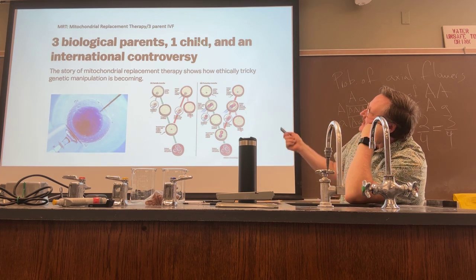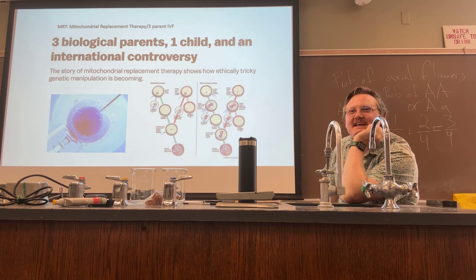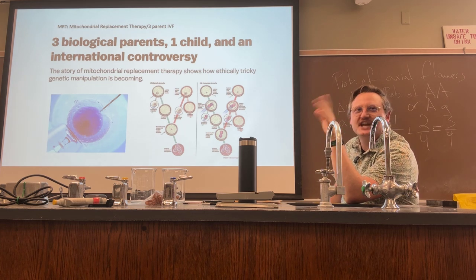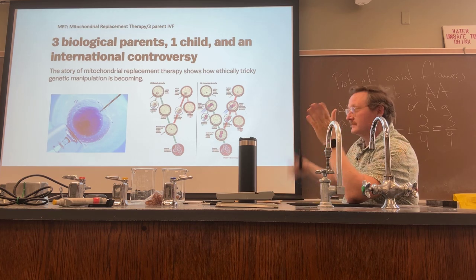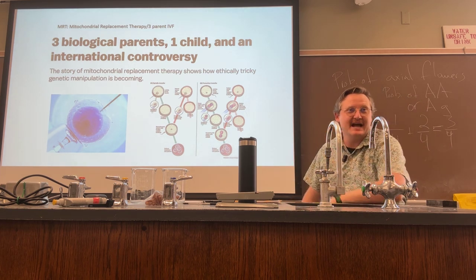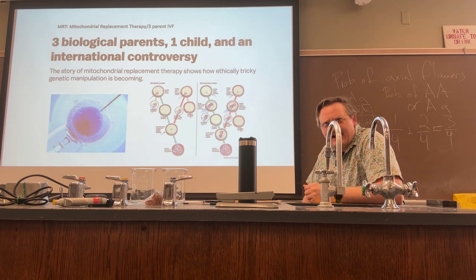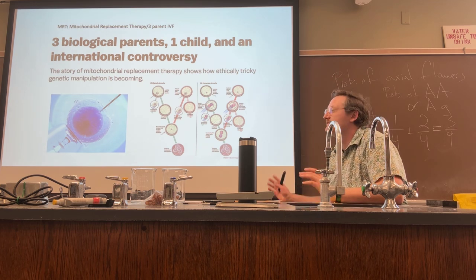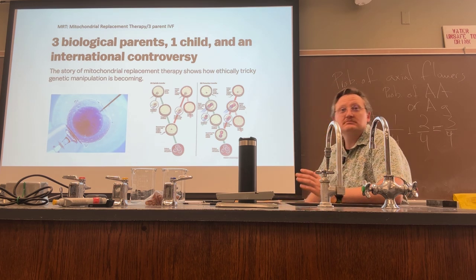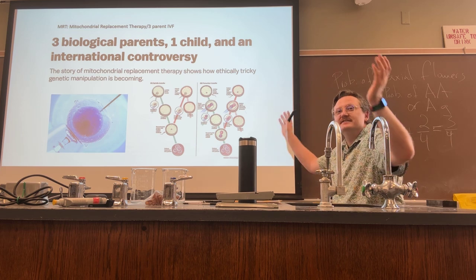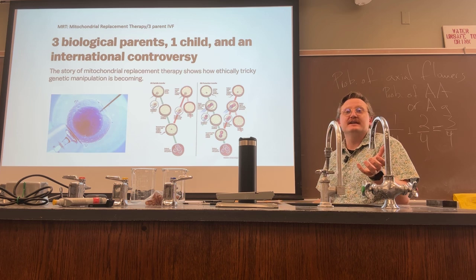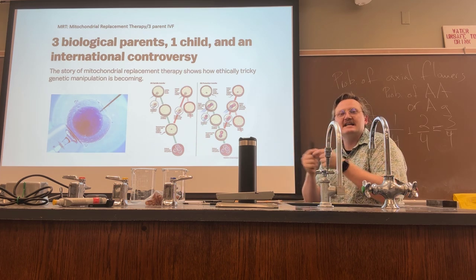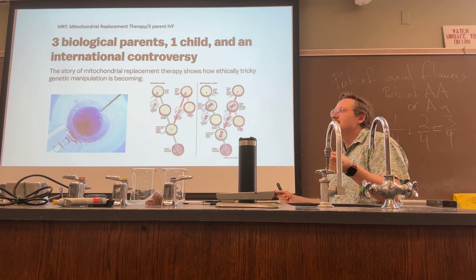All right. Here's this cool international controversy. This was fresh and new back when I was a student, where this person had a mitochondrial disorder, on the maternal side. Her egg cell was going to pass that mitochondrial disorder on to any offspring that she had. So the couple looked to science and in vitro fertilization to get around this. They still wanted their offspring to have a mix of their DNA and to be their biological offspring. So what do they do?